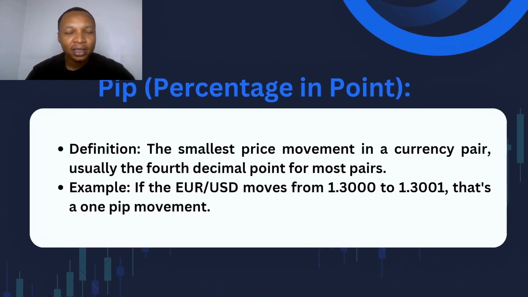All right, so first amongst the terminologies is what we call pip. You've heard many forex traders mention pips, and what it basically means is an abbreviation for percentage in points. You don't need to worry yourself about the calculations of how a pip comes about. You just need to understand what it means and interpret it to your forex trading chart.